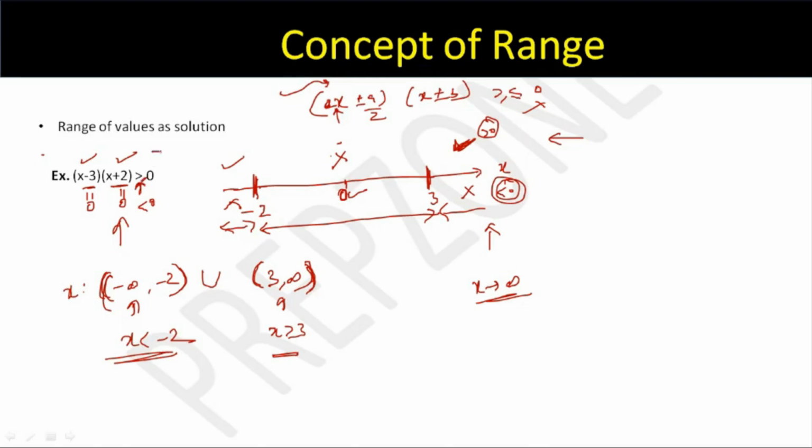If this equation would have been greater than or equal to 0, then there would have been a closed bracket at -2 and 3. But because there is no equality, you will have an open bracket. Again, equality means that the value of -2 also holds true. So if you put -2, it becomes equal to 0, but equal to 0 is not a part of your solution because this has to be greater than 0. So you will not include -2. Hence, you will have an open bracket. Similarly, you will have an open bracket here. That is the only rule in inequality.